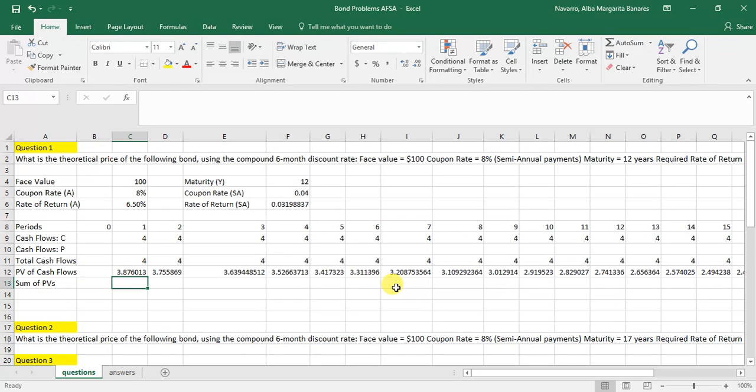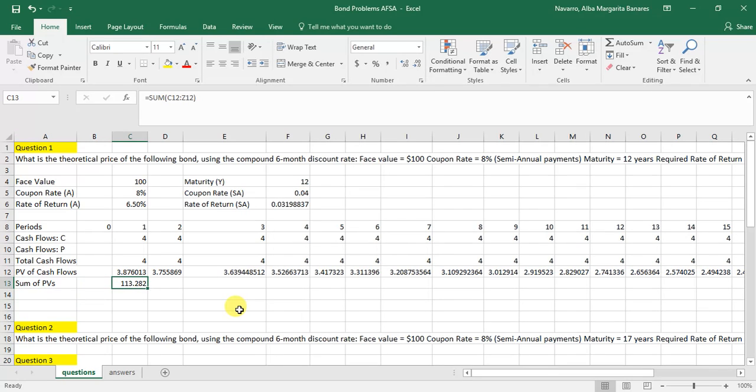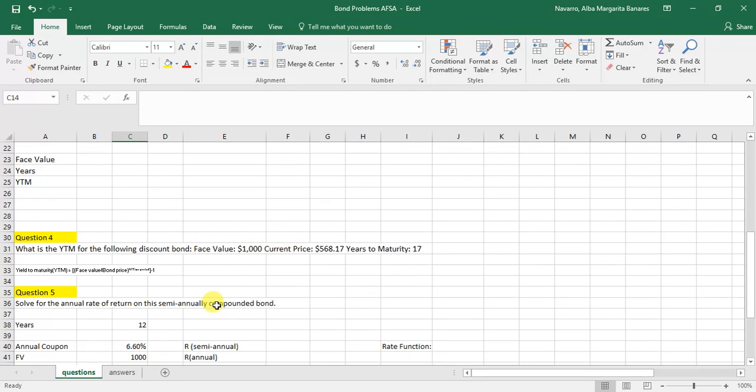So we're looking for the price, and the price is just the sum of all our different cash flows here. So use the sum function, select all our cash flows present valued, and we get our sum of our present value is $113.28.